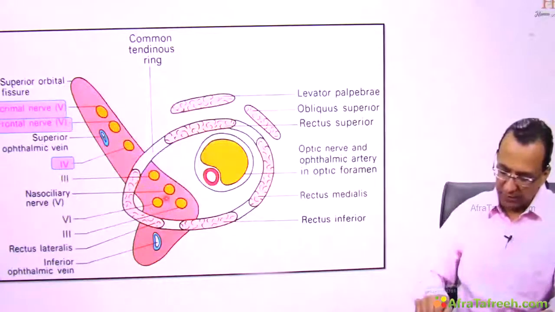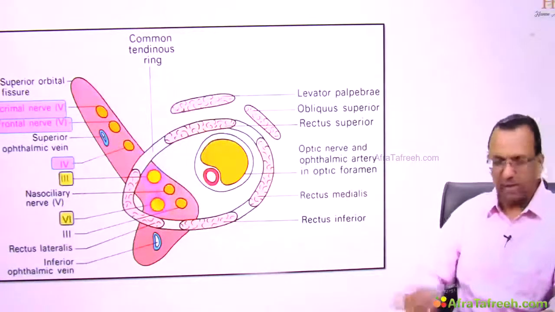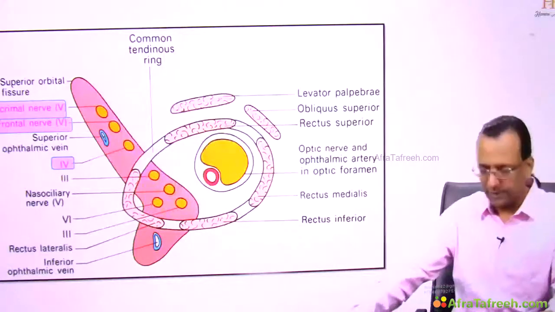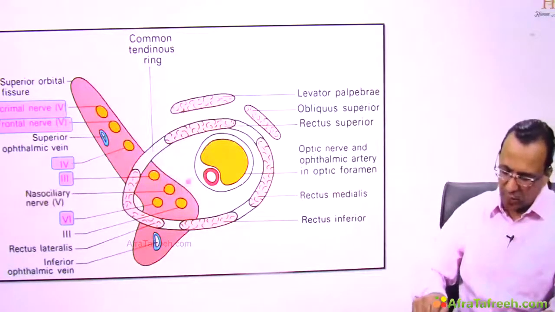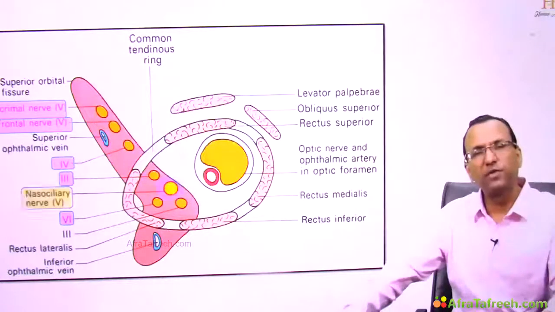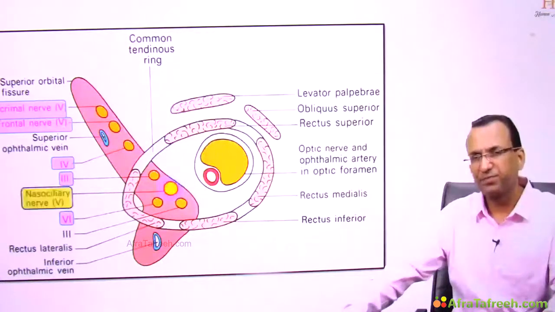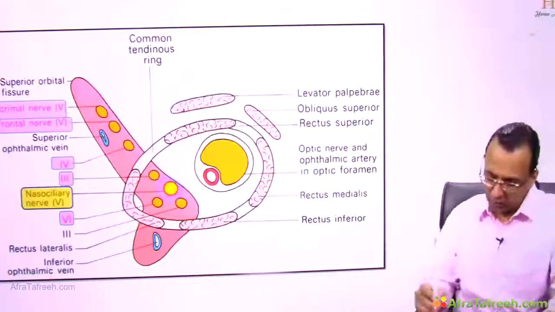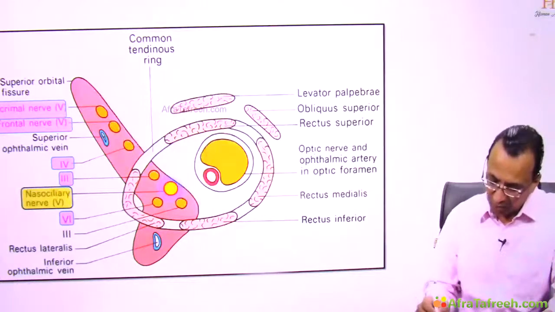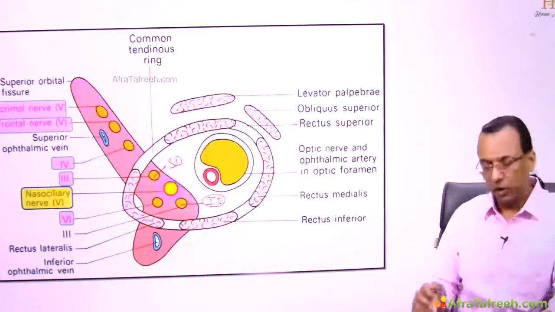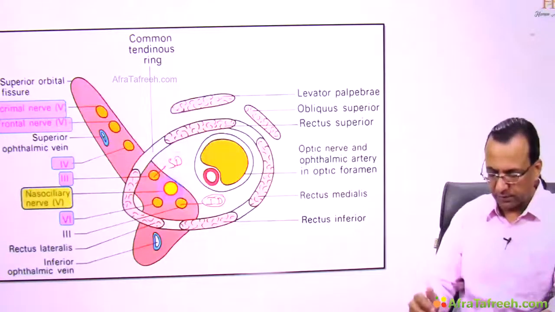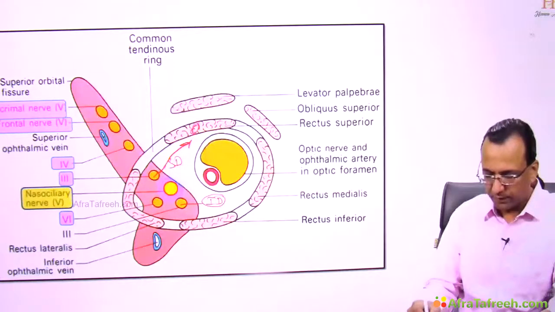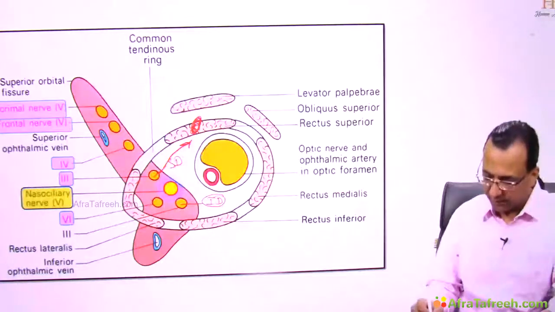If you say it is the third, sixth and nasociliary, where is the nasociliary now? I cannot see. It is here. If this is the nasociliary, then why am I seeing 4 nerves here? There should be 3 nerves. No, I told you one thing. The nasociliary nerve is passing through the ring of Zinn, but the oculomotor has a superior division and an inferior division. You mean the superior division supplies the superior rectus muscle, and the inferior division supplies the inferior rectus muscle?